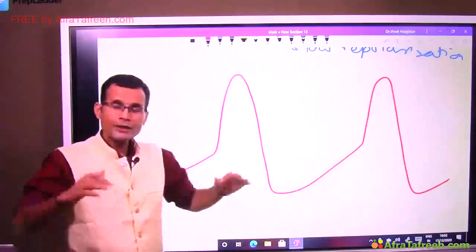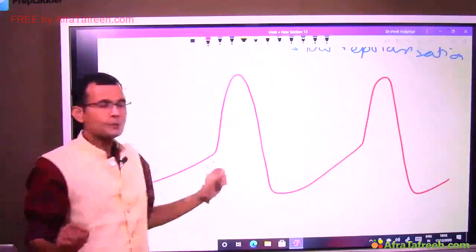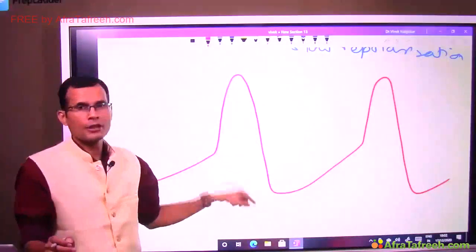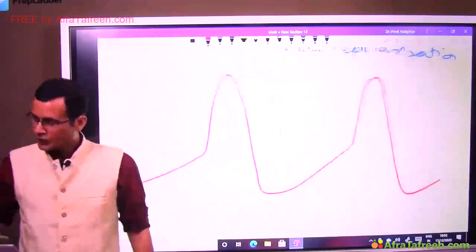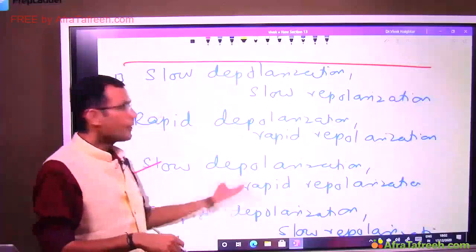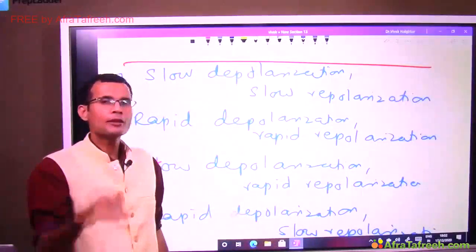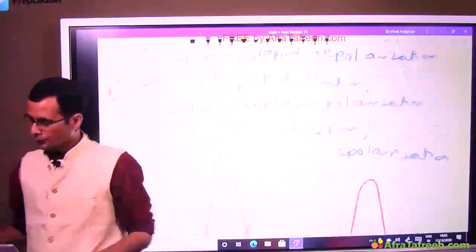So that's why they have this autorhythmicity property. Slow but spontaneous depolarization at the end of every recovery, every repolarization. All right, so that should give you the idea of the question. Most rapid recovery and after that slow but spontaneous depolarization to threshold. That's what makes the SA node the pacemaker.